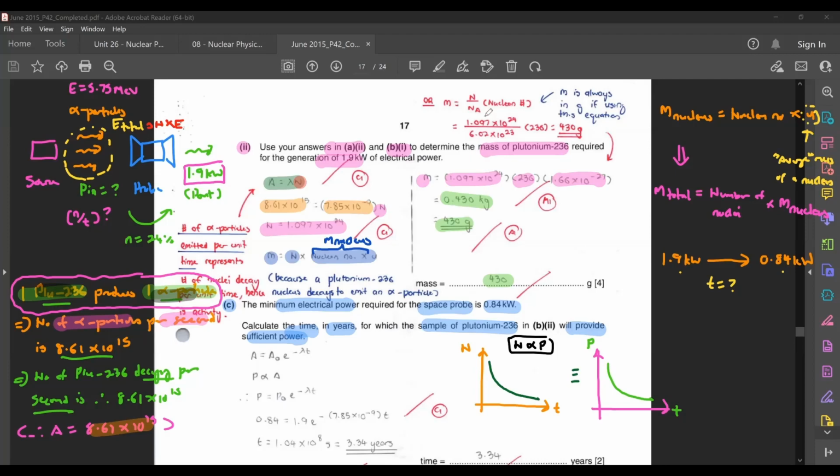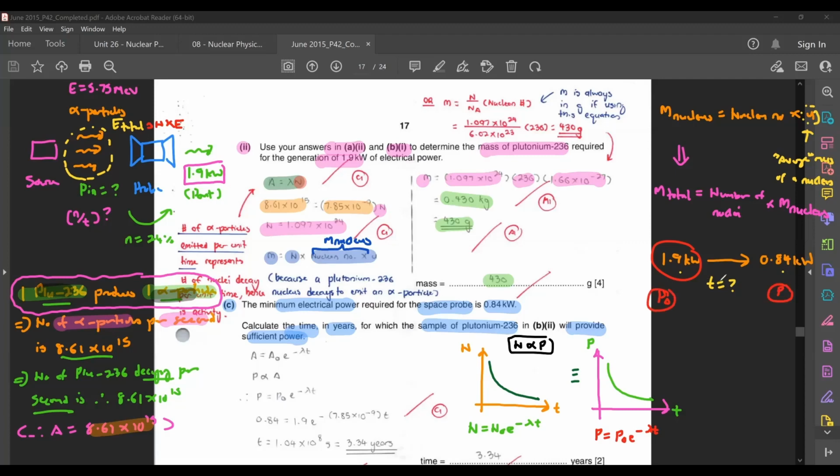So if it follows an exponential decay curve, there is a general equation that you will have learned from last week. For the number of nuclei with respect to time, this would just be N equals N naught exponential negative lambda t. If you want to do the same for power, it will just be P equals P naught exponential negative lambda t, where P naught is your original power, the initial power, and P is the final power.